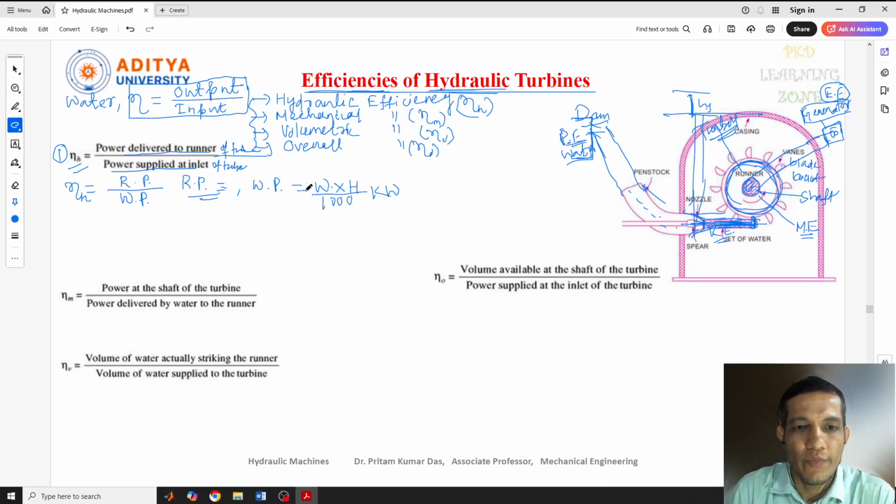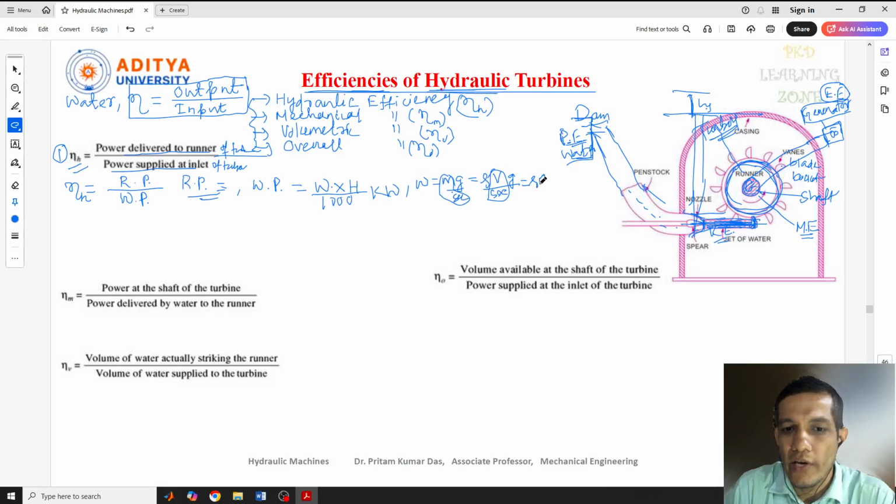Now as I told you, weight W is the weight of water striking the vanes of the turbine per second. So again we can write W equal to mg, that is rho V into g, with respect to per second. Volume per second is discharge.